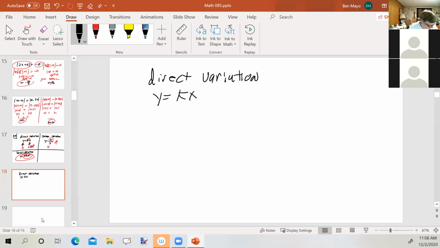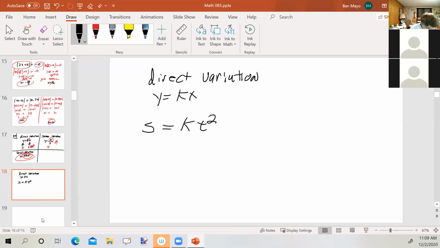This says, an object in free fall travels a distance s that varies directly to the square of the time t. So even though our general form is y equals kx, they will introduce different variables. We've got t is time and s is distance.